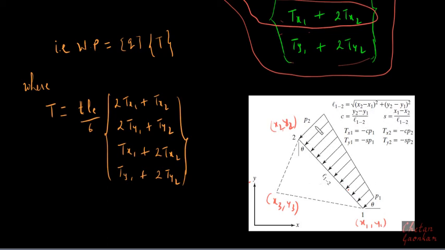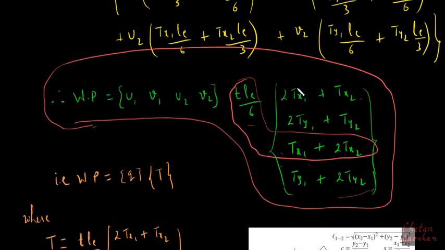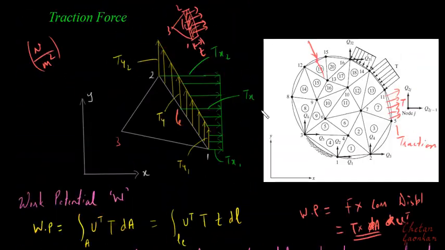And suppose it is subjected to some random pressure which varies linearly from P1 to P2, I can find these components Tx1, Ty1, Tx2, Ty2 using this expression. This Tx1 will be minus of cos multiplied by the applied pressure P1. The minus sign is because this pressure is acting towards the element, whereas while deriving this, we had applied this traction away from the element.